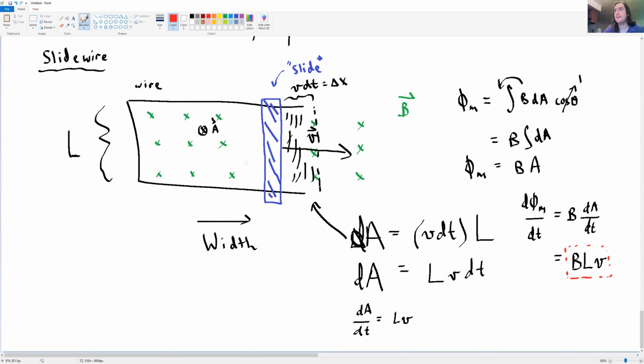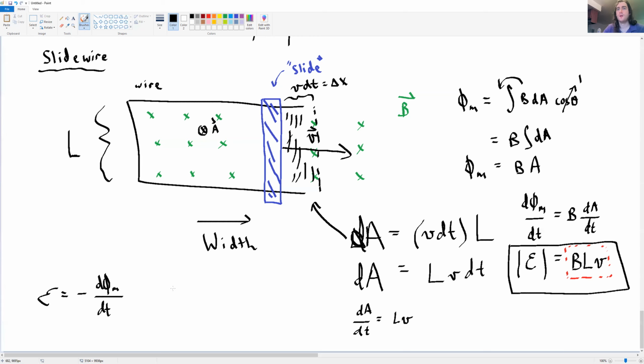Okay, so we've calculated the EMF here. What's the direction of the EMF? Well, the flux is increasing. Since the flux is increasing, Faraday's law says that E is equal to minus d phi dt. By the way, this here is the absolute value of the EMF. So the minus sign here tells us we have to oppose the change.